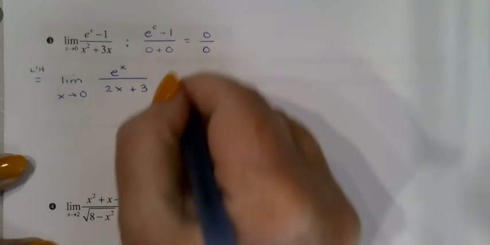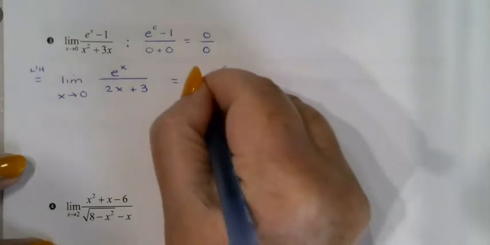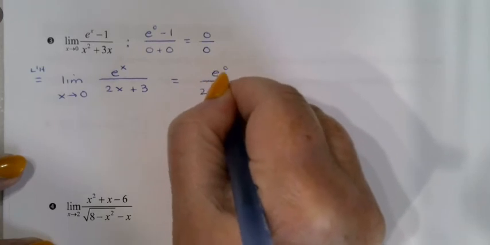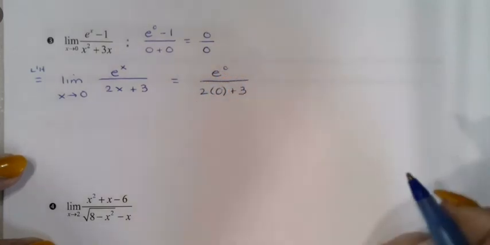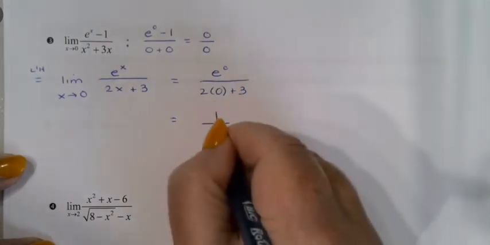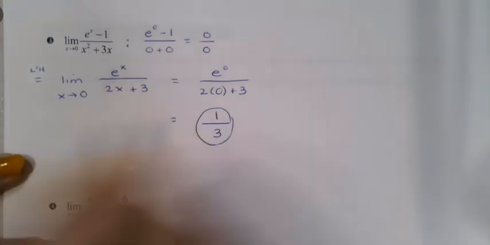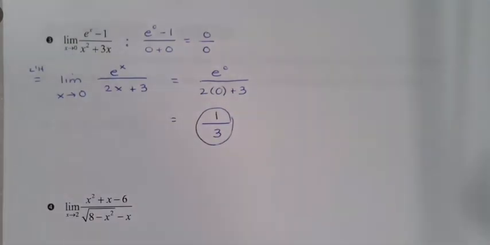If I now try plugging in my x equals 0, I'd have e to the 0 over 2 times 0 plus 3. E to the 0 is 1, and 0 plus 3 is 3. So my limit now is 1/3. So oftentimes it works out kind of nice and easily and relatively quickly.